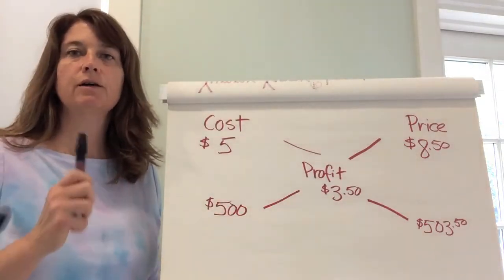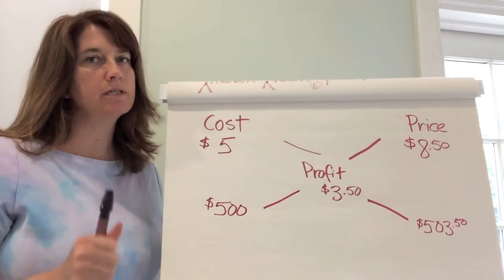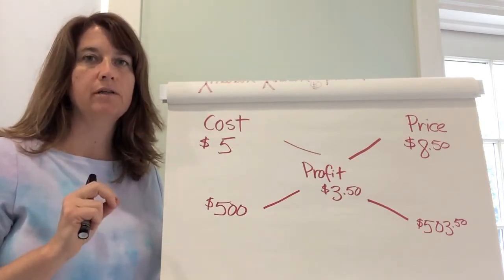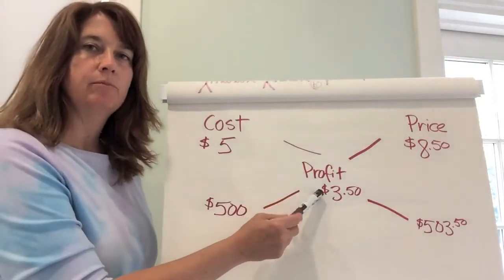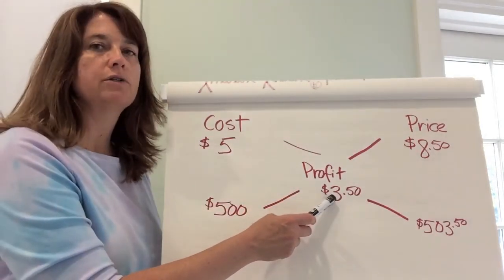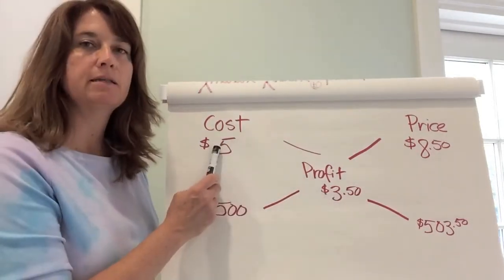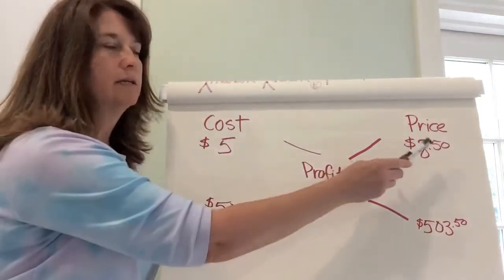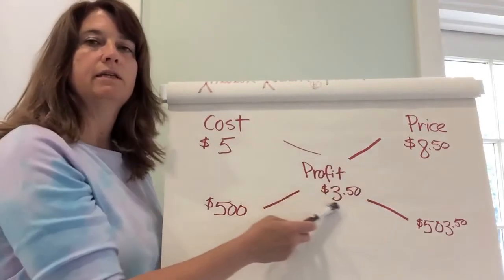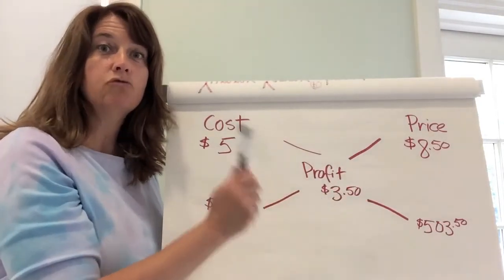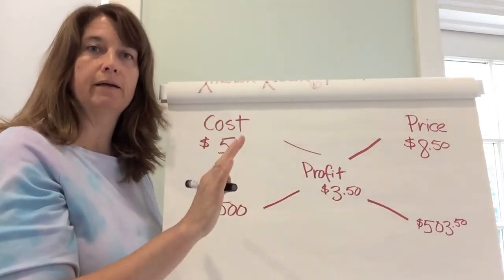Now, here is the really key thing to understand about margin and markup. You remember from that example, Judy is earning $3.50 when she buys the muffins for $5 and sells them for $8.50. This is a number expressed in dollars and cents, and that's really useful in one way.